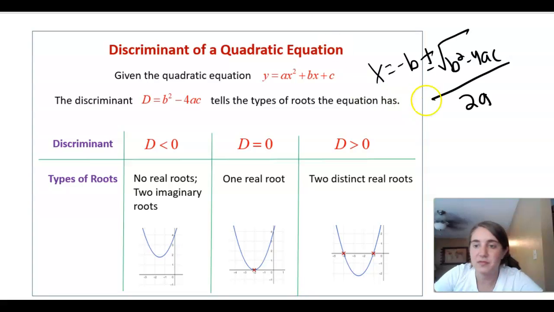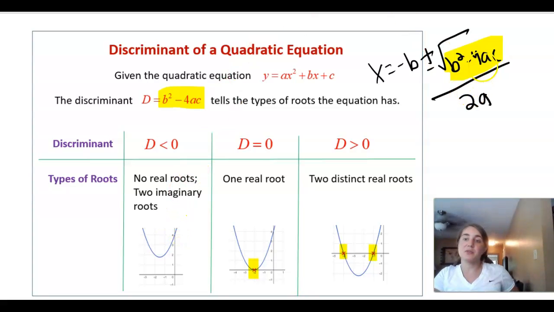If it's less than 0, there's no real roots. If it equals 0, there's one root, and if it's greater than 0, there's two roots. So we can look at this part of the quadratic and predict if our answer is going to have i's in it and how many times we cross the x-axis.